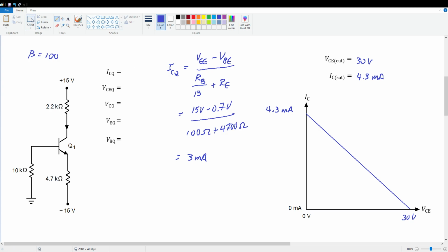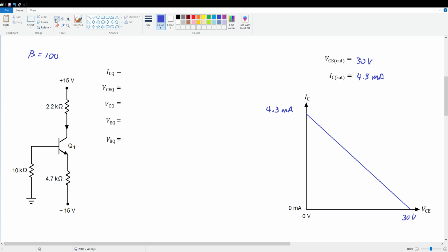All right, let's clear this and find VCE. VCEQ is equal to VCC plus VEE minus ICQ times RC plus RE. So we've got 15 and 15 is 30 volts minus 3 milliamps times 2.2K plus 4.7K.